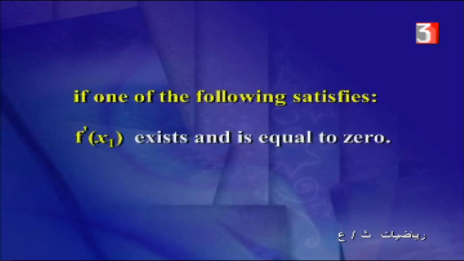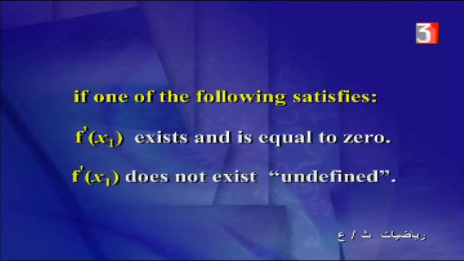Number 1, the first derivative f dash x1 exists and is equal to 0, or f dash x1 doesn't exist or is undefined. Then we can say that this point is a critical point in two cases: the first case, f dash x1 exists and is equal to 0, or f dash x1 doesn't exist or is undefined.